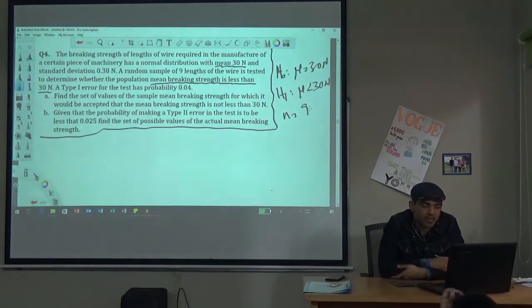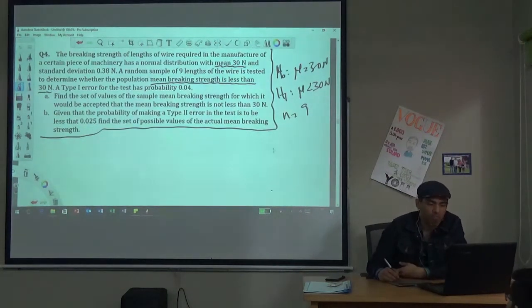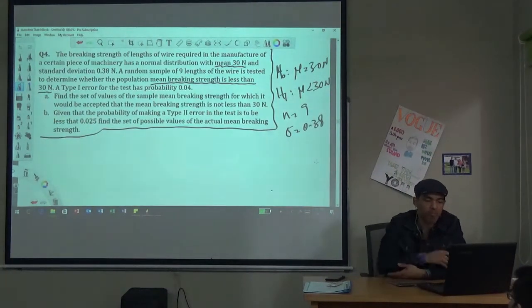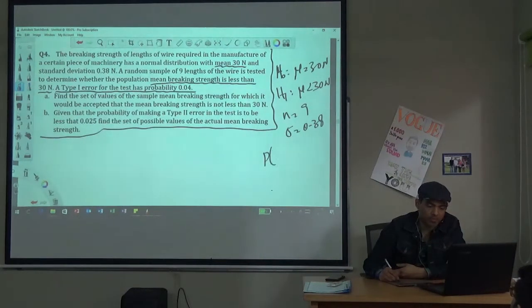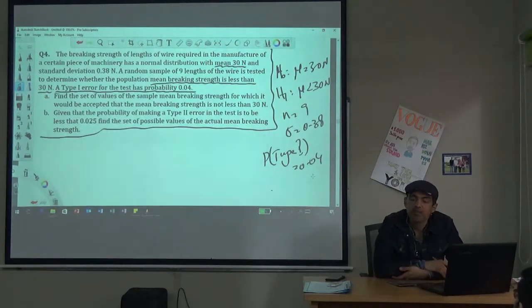They're going to experiment using 9 lengths of the wires, sample size 9. Population standard deviation is given, 0.38. They've already given us the probability of type 1. They've already stated that the probability of type 1 is 0.04, which means the significance level is 4%.